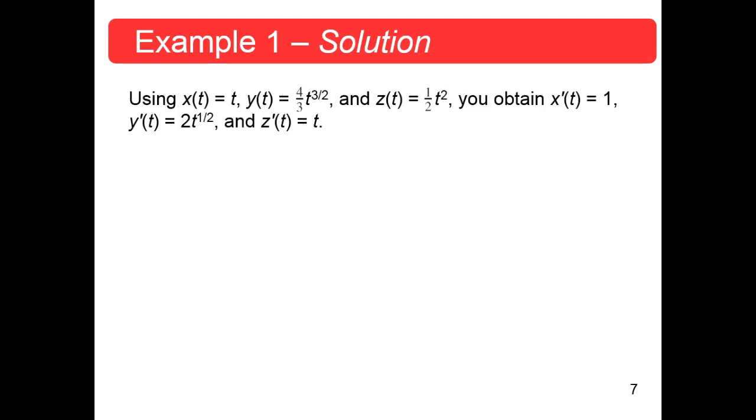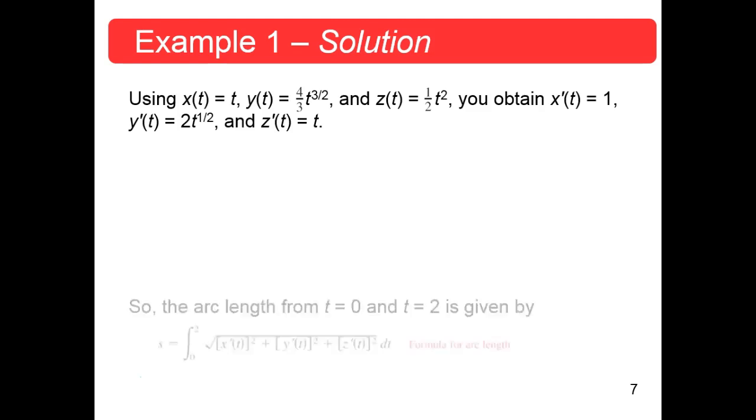Derivative of this, of course, is 1. Derivative of this would be 3 halves times 4/3, and that would be 2t to the 1/2. That's what they've got here. And then this one, take a derivative of that, would just be a t. Which is what we did, but I kept it in our vector notation rather than splitting it into component notation. But both ways work, okay?